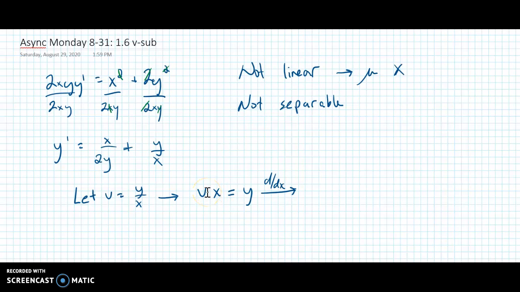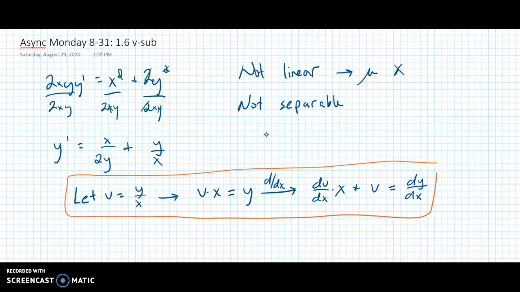I'm differentiating with respect to x, so that's dv/dx, the derivative of the first, times the second, x, plus v times the derivative of the second. What's the derivative of x with respect to x? Just 1, so I just get a v there. And then equals the derivative of y with respect to x, which is dy/dx.